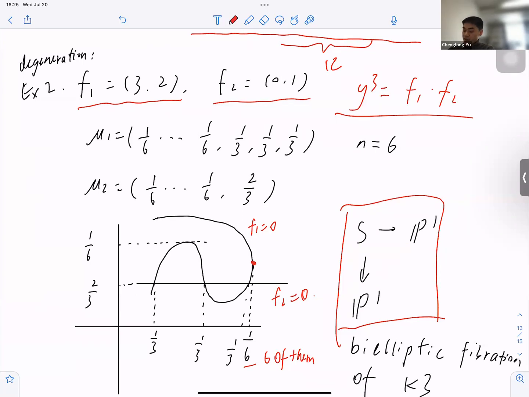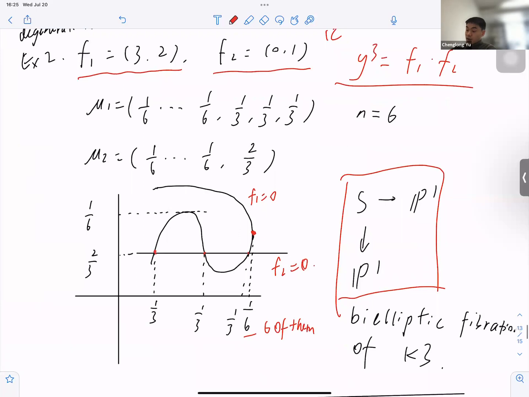And there are 3 intersection points of F1 equal to 0 and F2 equal to 0. So the monodromy data, or the Deligne-Mostow data we obtain, is just 1/6 and 1/3. And for the other projection direction, for the branching points, ramification points, we also have 1/6. And for this horizontal line, we will have 2/3.